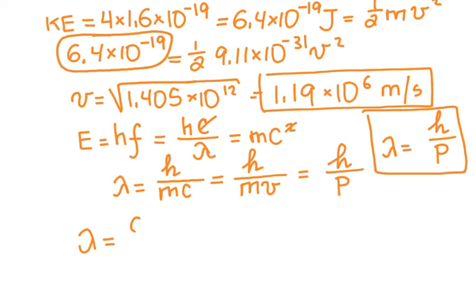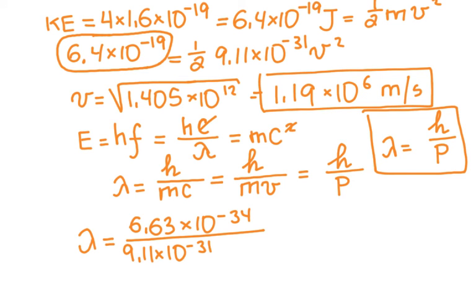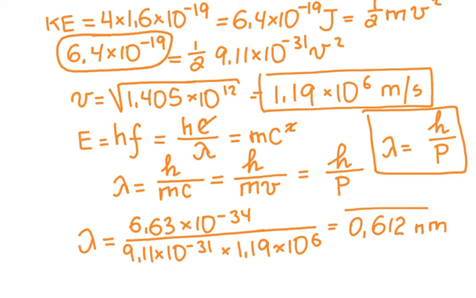So that is 6.63 times 10 to the negative 34 divided by the mass of the electron, 9.11 times 10 to the negative 31, times the velocity of the electrons that we found earlier, 1.19 times 10 to the 6. And so from here, the wavelength is going to be equal to 0.612 nanometers.